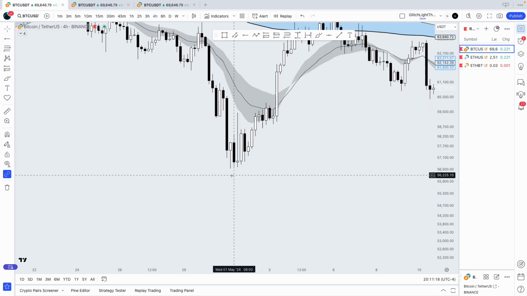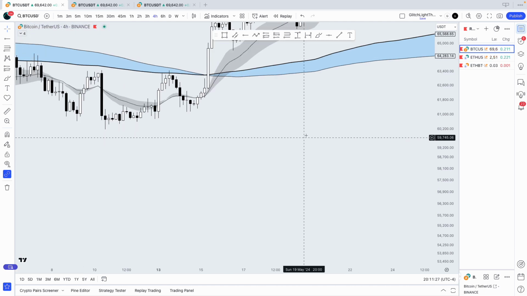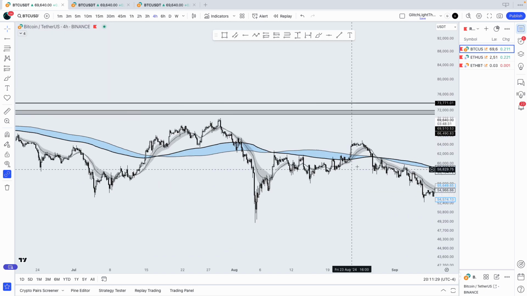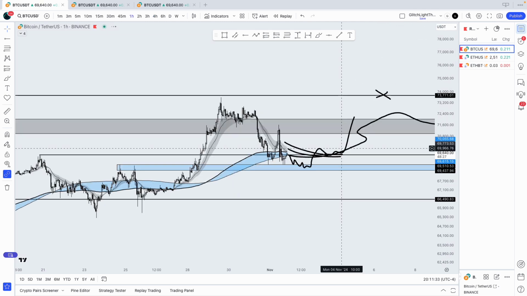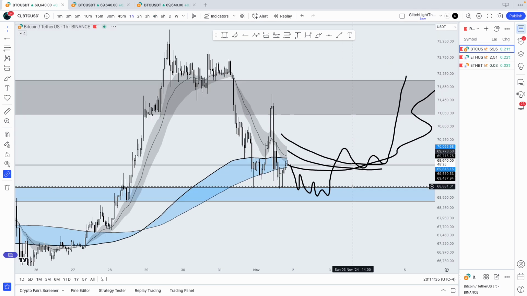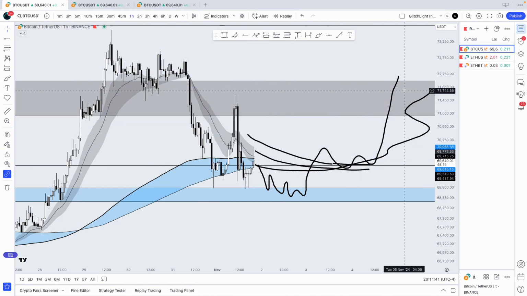This weird bottom formation that we got where we get that pump. Like we got that move up, move down, and then kind of this rounded bottom before continuing higher. I don't know. It's kind of giving me that same sort of vibes here. We kind of get this pump, and then this rounded sort of bottom before continuing higher.